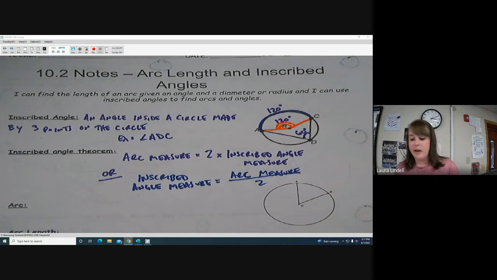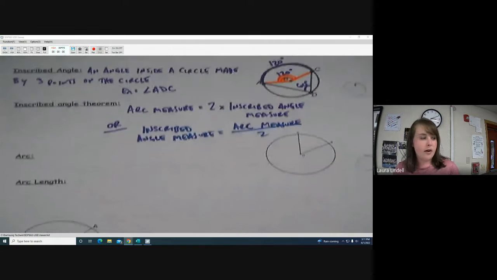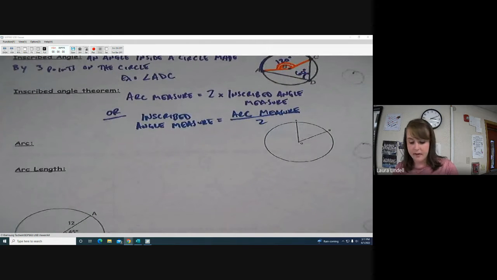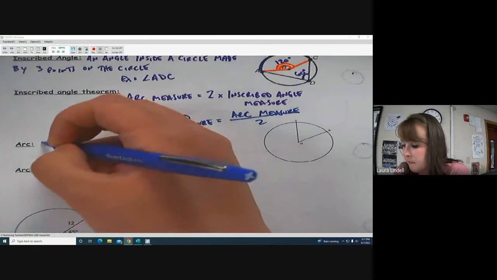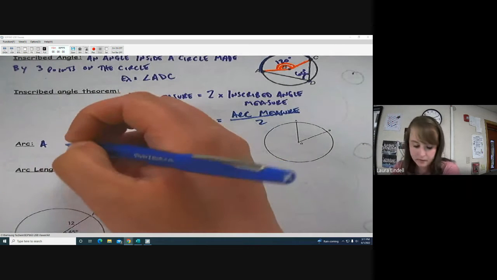The other thing that we need to know today is what an arc is. We need to talk about arc length, things like that. So with that, what is an arc? It is a piece of a circle or a piece of the circumference of a circle.